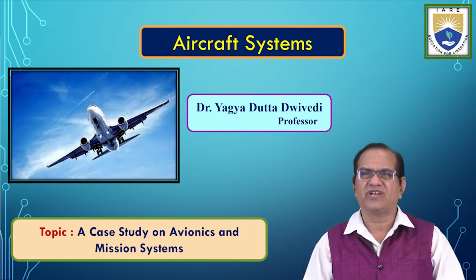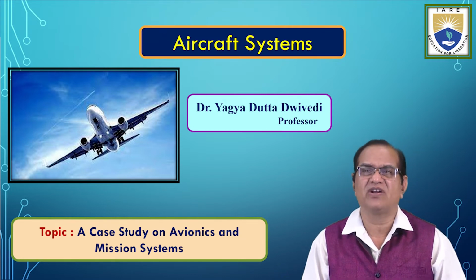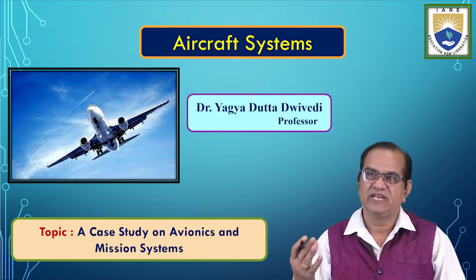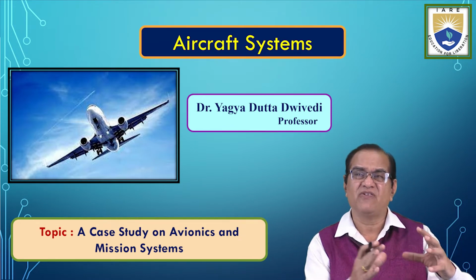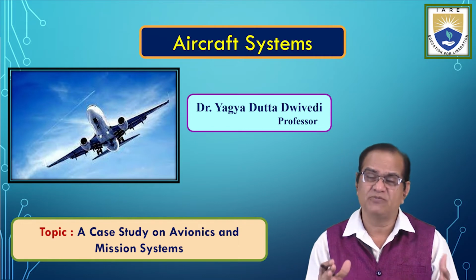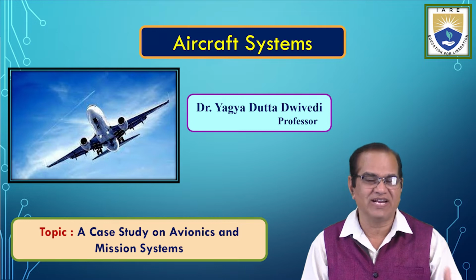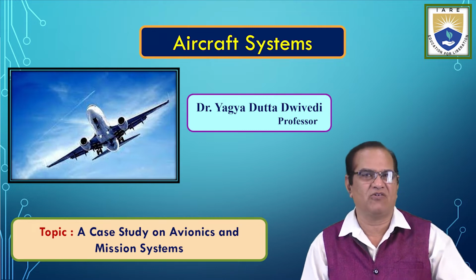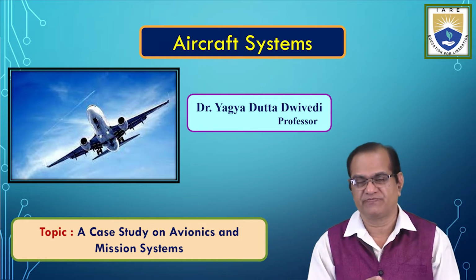Next, the mission system is especially designed for military aircraft, and military aircraft can be designed for different missions. Like in the Indian Navy, we have fighter aircraft, helicopters, and different types of aircraft which are to be on board ships.